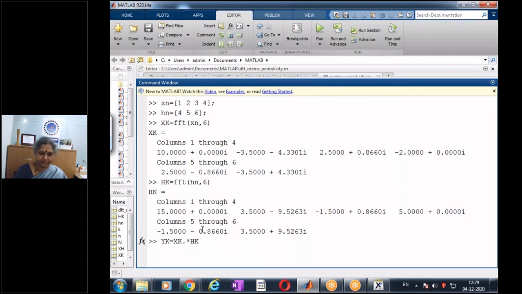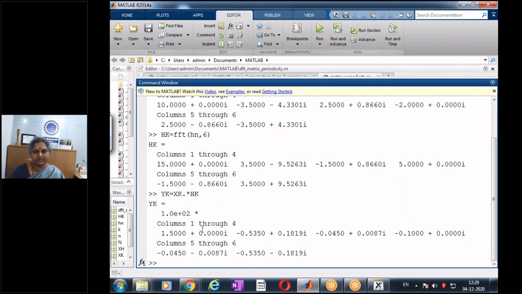Then I compute my y of k, which is given by the product of x of k and h of k. It is a pointwise multiplication, and this is what I get. The first term is 10 into 15, that is 150, and so on. So this is what I got, y of k as the product of x of k and h of k. Now to get my convolved result y of n, I need to compute the inverse DFT of y of k.